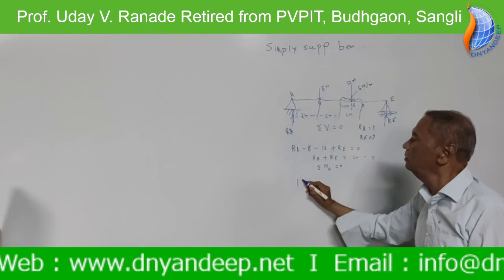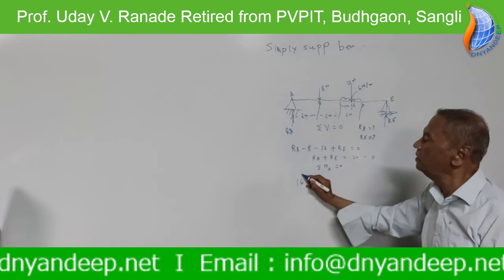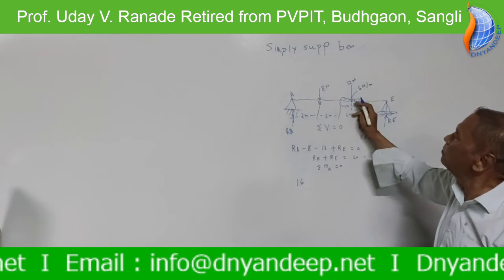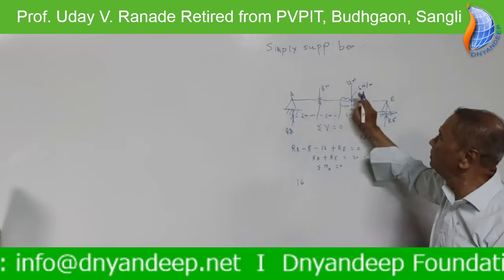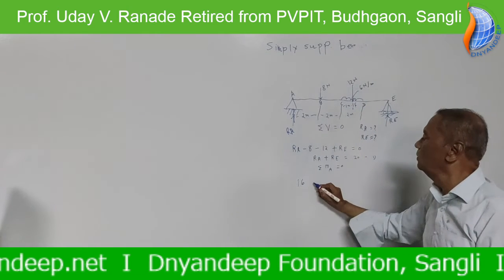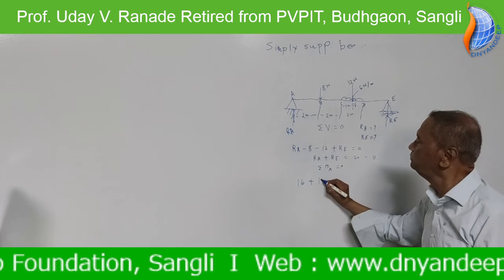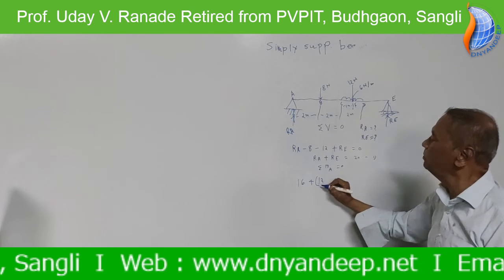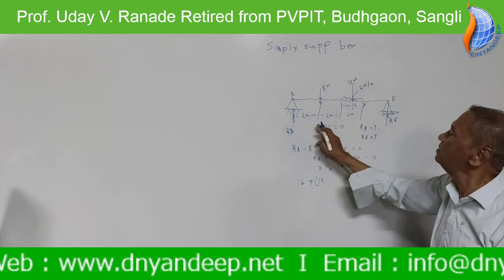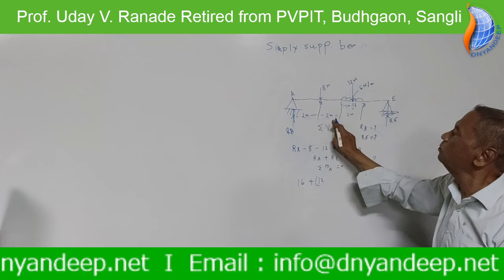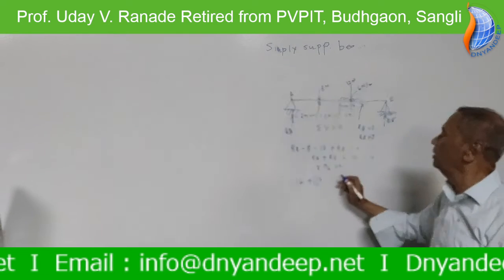So 16. If you want to write, 8 into 2. Now what is the moment of this 12? This moment also is clockwise. So plus 12, take bracket, 12 into what is the distance? This 2 plus 2, 4 plus 1, 5.